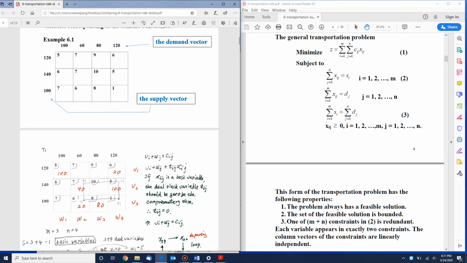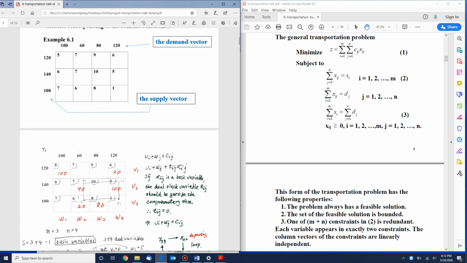Here, the transportation problem should have the following properties. One, a transportation problem always has a feasible solution. You can put whatever you like, just simply put it there if you don't care about the cost. So the problem always has a basic feasible solution. You always have those non-negative solutions there.